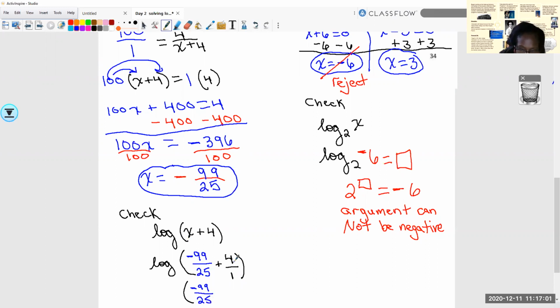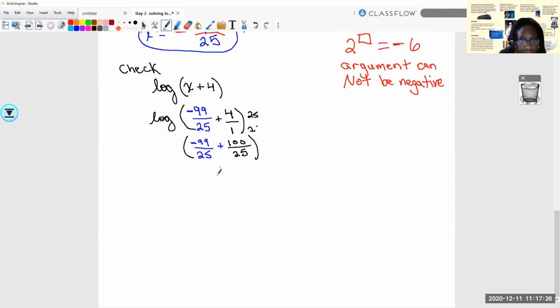I have to multiply the top and bottom by 25, and 4 times 25 is a quarter, 25 on top, 25 on the bottom. And you can see that this will be positive, so therefore we keep it. This is 1 over 25, which is positive. So we keep.